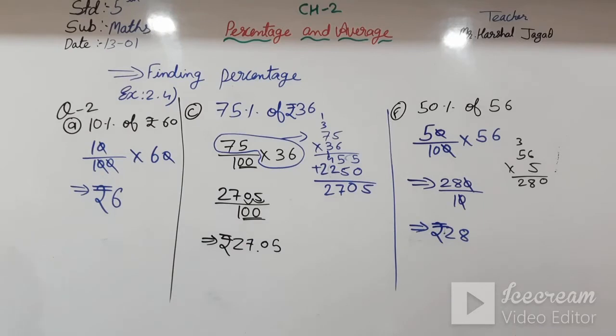Now moving towards exercise 2.5, which is the number stories. From that I will solve any 3. 4 are given. I will solve any 3. The one remaining you have to do by yourself.